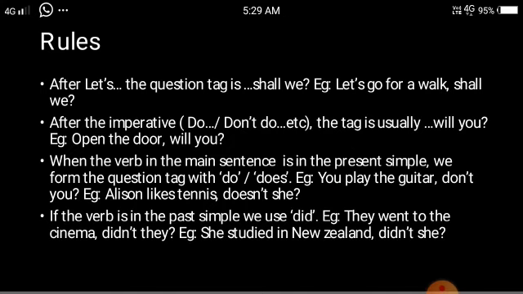You cannot see it, but you understand. You play the guitar means you do play the guitar. So it is a positive sentence which will take a negative question tag. It is in simple present, so you have to use the verb do. You play the guitar, don't you?